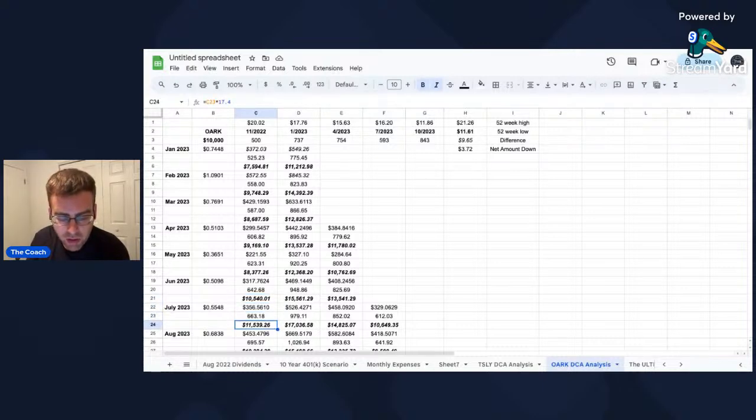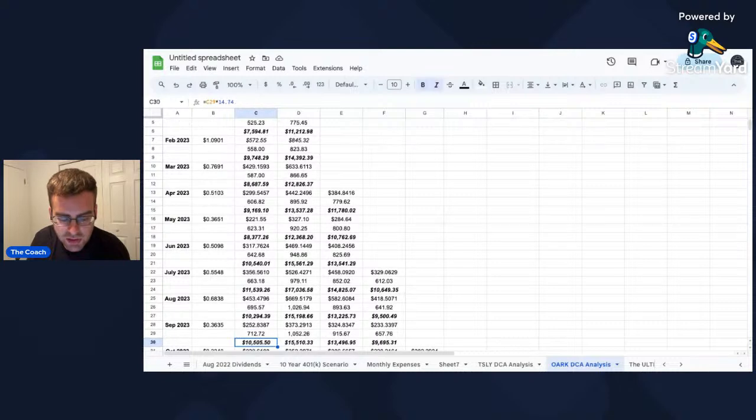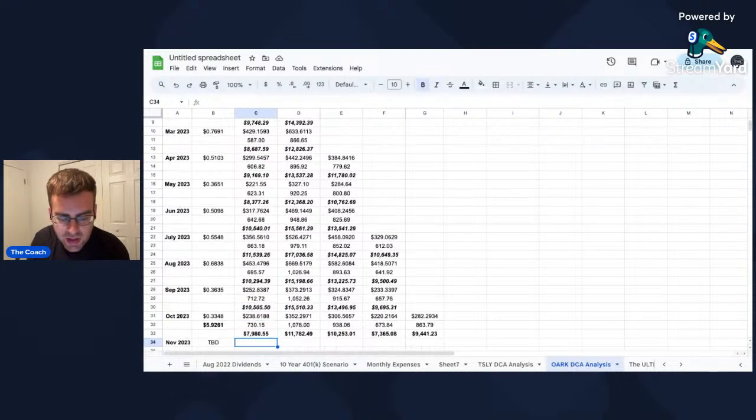But at one point, we were up 15% in total return in our November example, which was the highest point, and then August and September. Unfortunately, because of the drop in the fund, we end up down 20% in total return in OARK. Now, out of the 5 examples, there are only 2 scenarios where we're actually positive, and unfortunately only one is a decently positive amount, 18% to be exact.